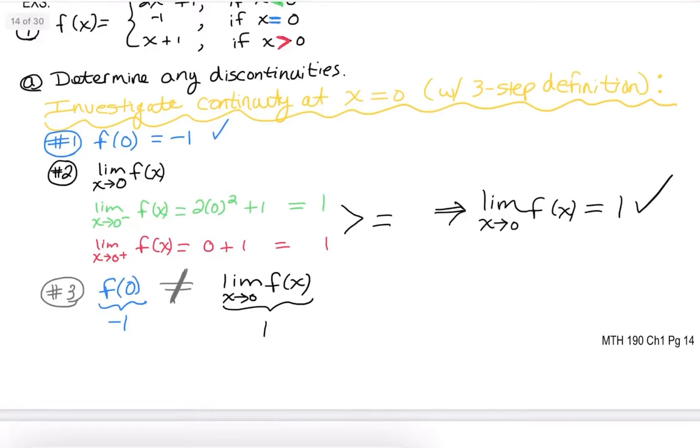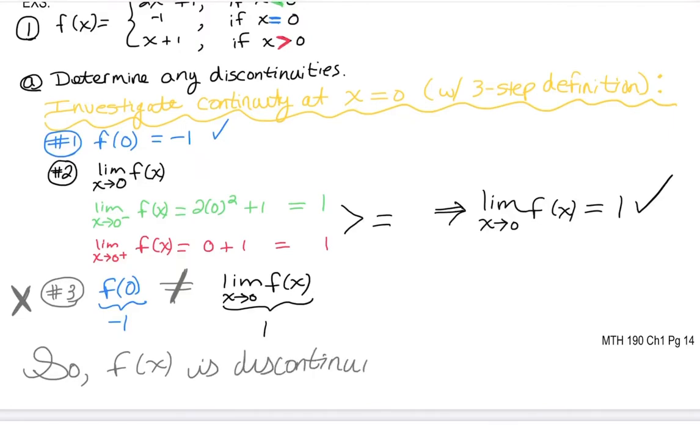So we have failed our three-part definition at step number 3. The limit and the point are not equal. So our final answer is that f of x is discontinuous at x equals 0. We have a discontinuity at x equals 0.